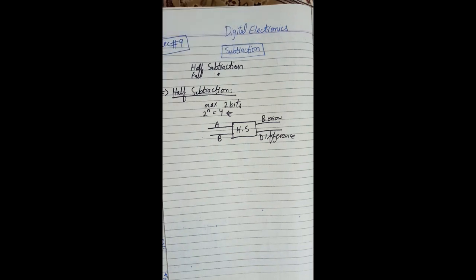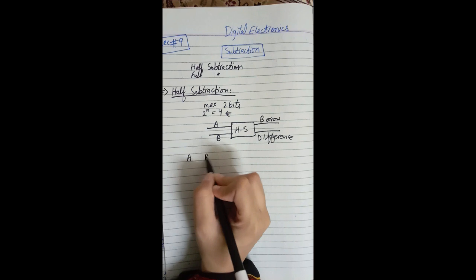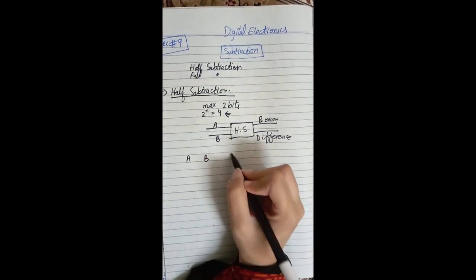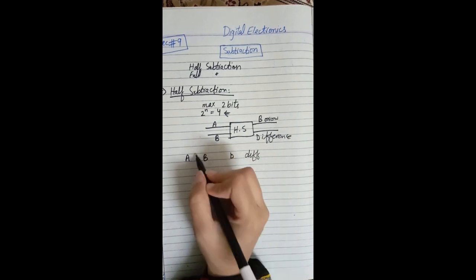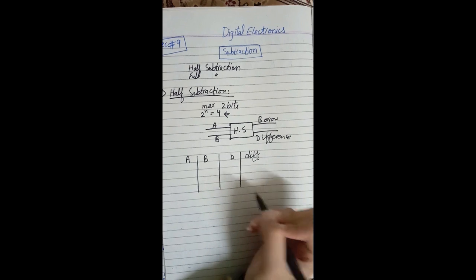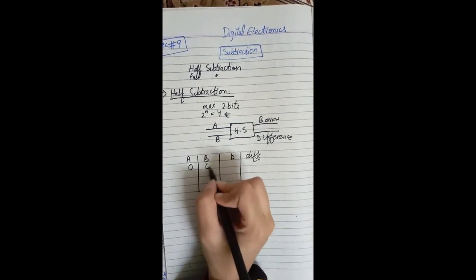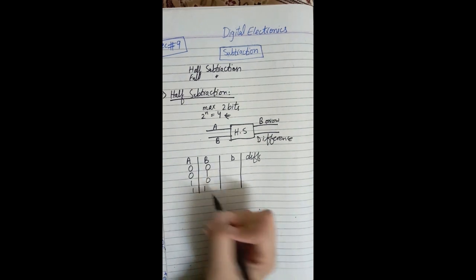So to make the truth table, the inputs are A, B and the outputs are borrow and difference. The inputs are 0 0, 0 1, 1 0 and 1 1.